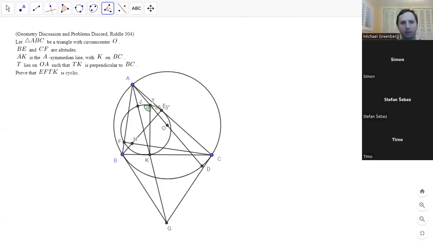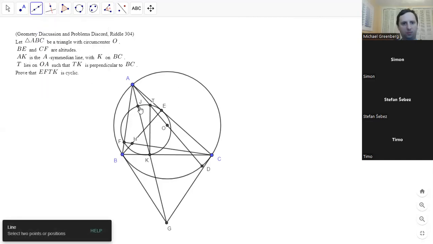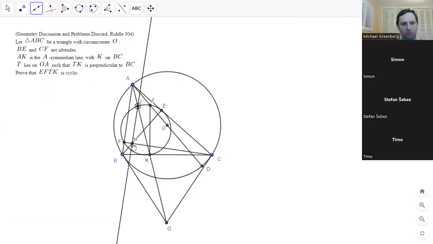No, it's not. It almost looks like JH is parallel to AB, but obviously that's not true.